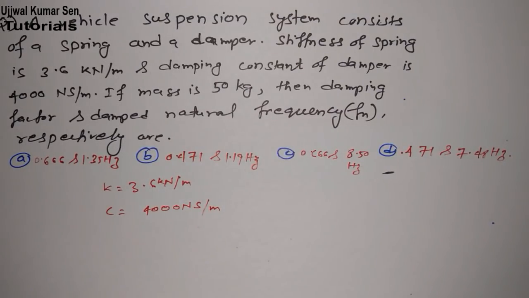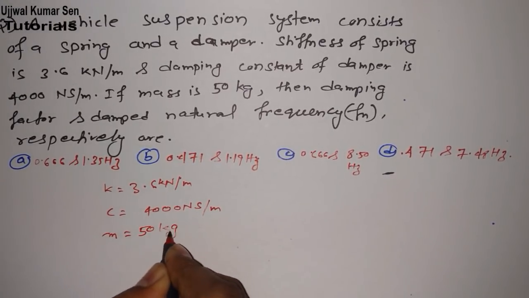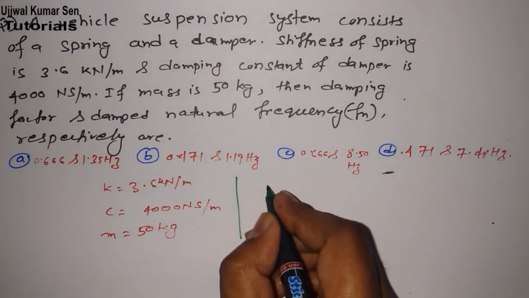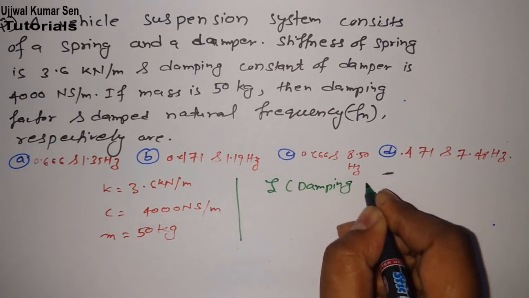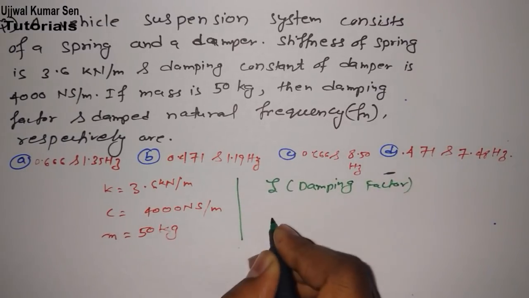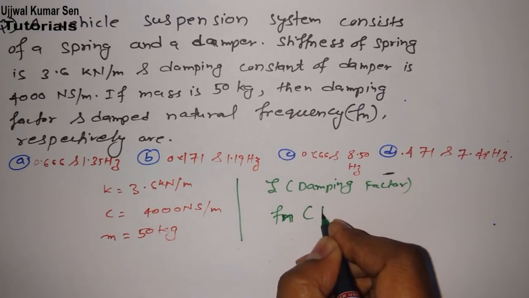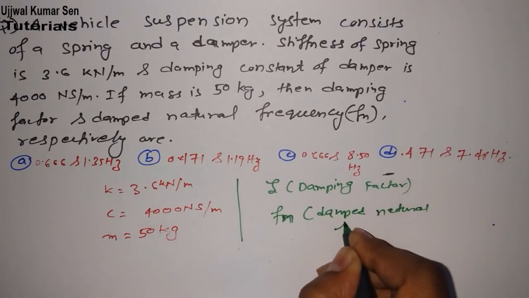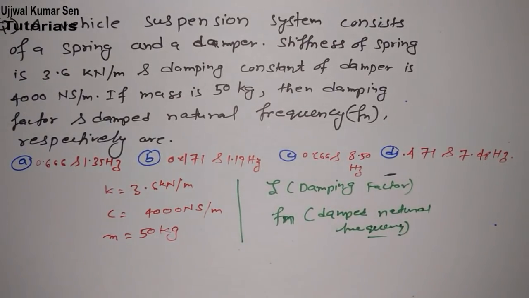And if mass M is equal to 50 kg, then find the damping factor and damped natural frequency. We have to find zeta, which is known as damping factor, and Fn, which is known as damped natural frequency. So they have asked this one.